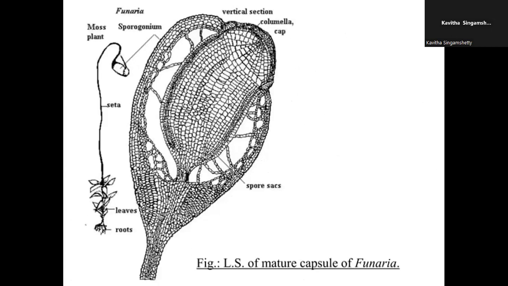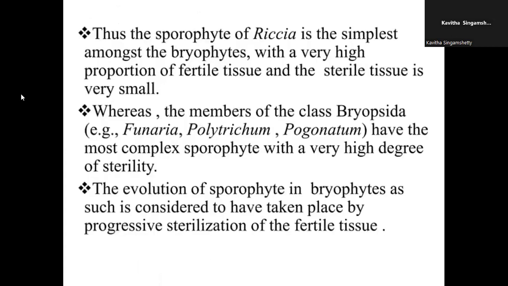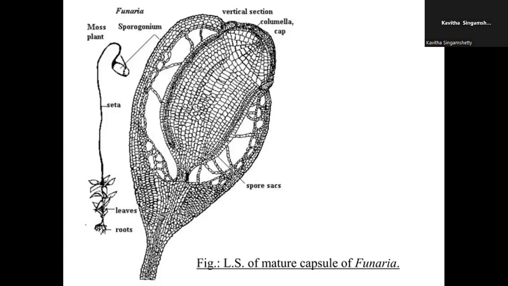And this is the last, in Polytrichum or Funaria, where the capsule has the long seta, and the foot is embedded inside the gametophyte. This capsule region has the multi-layered epidermal layer, and we can see the trabeculae, peristomial teeth, and chlorophyllous tissue. The sporogenous tissue is restricted only to the spore sac, from which the spores are developed.